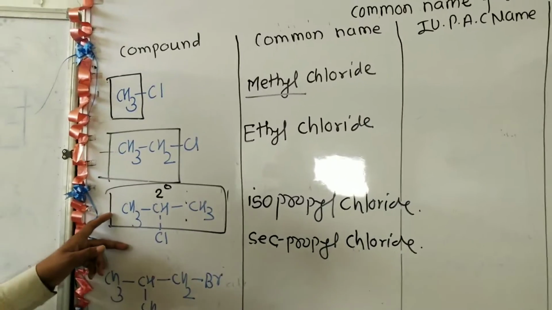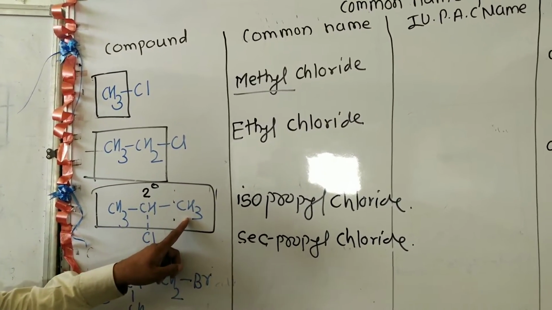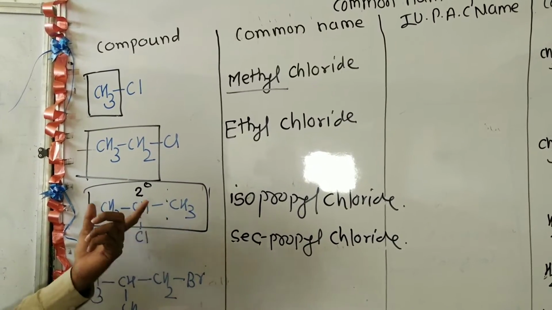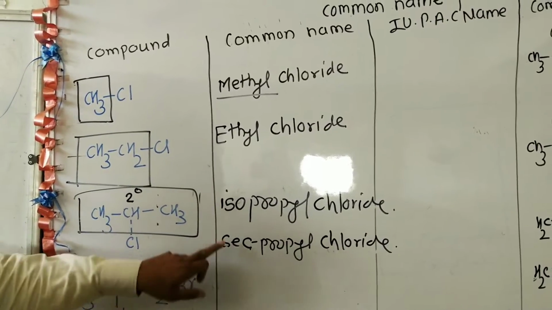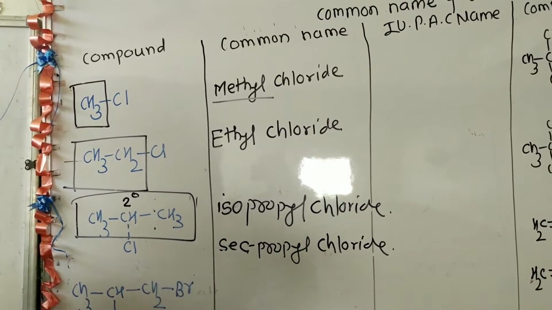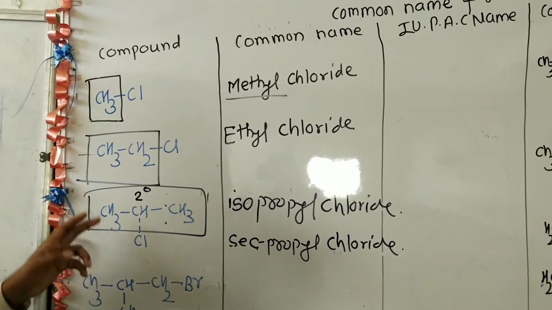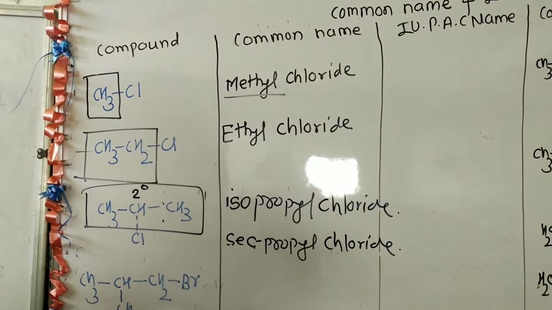This compound has two names. Carbon chain has methyl, so called isopropyl, because the second number carbon contains one methyl group, or also called secondary propyl because our halogen is attached to a secondary carbon, so it is called isopropyl or secondary propyl chloride.